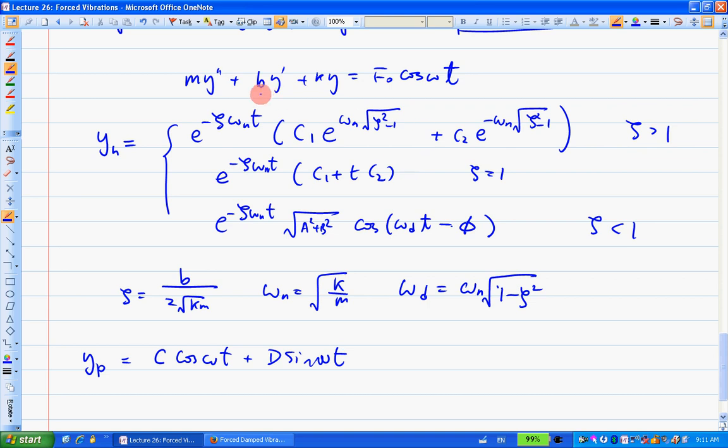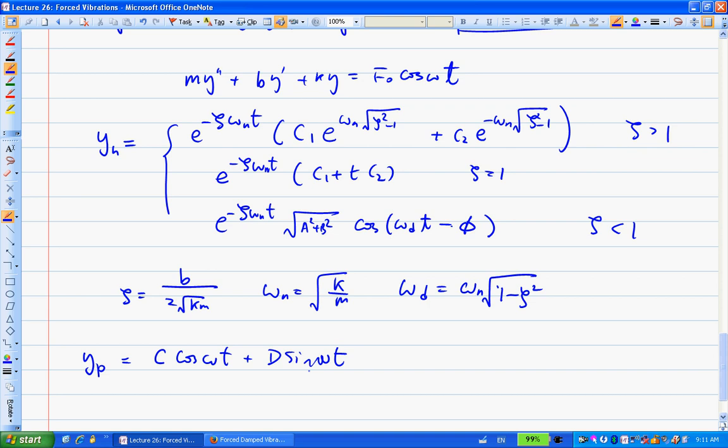Because when you have damping here, even if the solution is an underdamped system with complex roots, this zeta term is not 1, so this term will never duplicate the basis solution. So you don't have to modify this one.